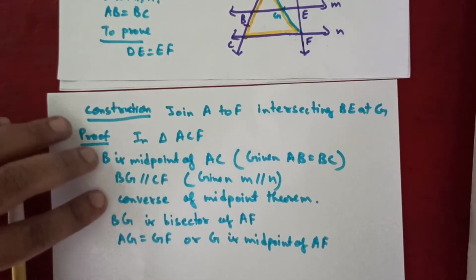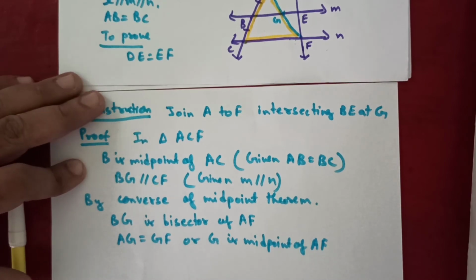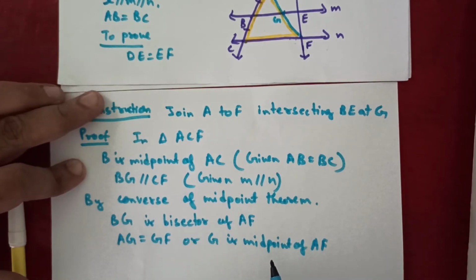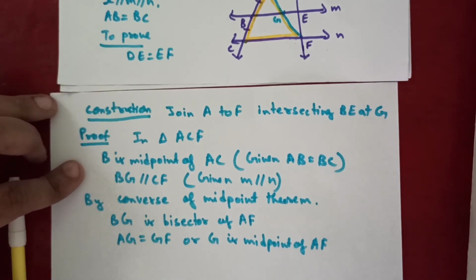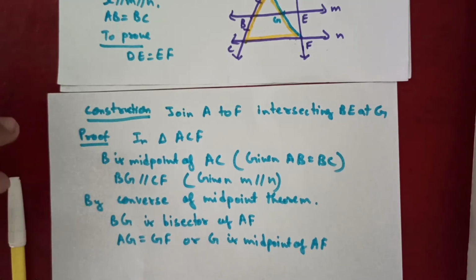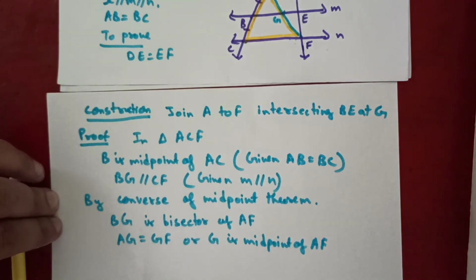Hope this point is clear. AG will be equal to GF since BG is the bisector, or we can say that G is the midpoint of AF. Okay, now after this we can move to the other triangle.